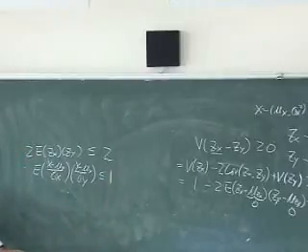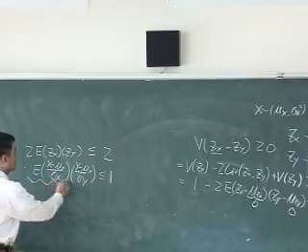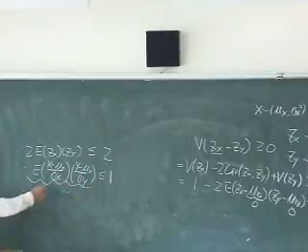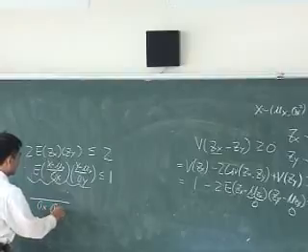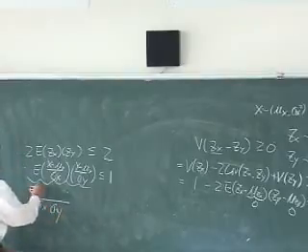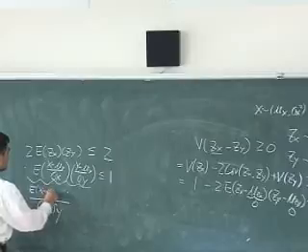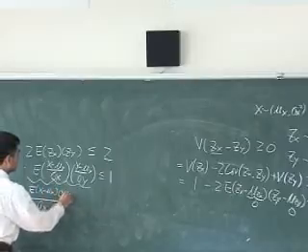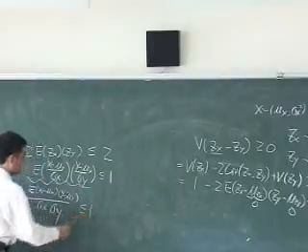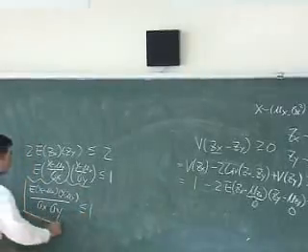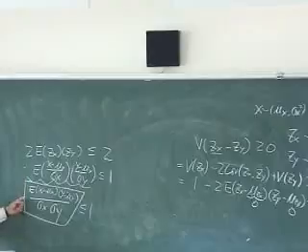Okay, and what is this? Can anyone tell me what is this? So this is actually sigma x, sigma y, expectation x minus mu x and y minus mu y, and that is less than or equal to 1. Can anyone tell me what is this thing?